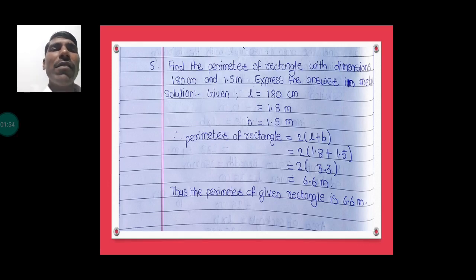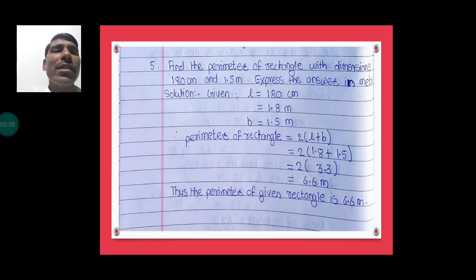Given things we have to write in the answer. First of all, what things are given? As you know, the rectangle has length and breadth, so L is equal to 180 centimeter. We are considering it. You are saying, sir, where is it shown that 180 is the length and 1.5 meter is the breadth? No, whatever the longer distance, that we consider as the length, and whatever the smaller, that we consider the breadth. After changing 180 centimeter to meter, we will get 1.8 meter.